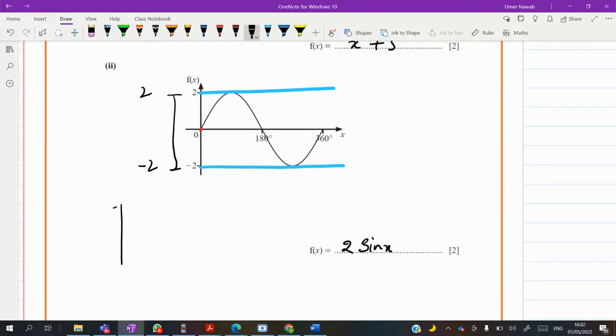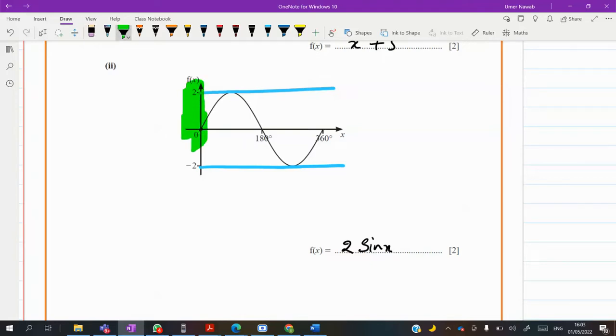If the graph was between minus 1 and 1, then you just write sine of x. But since it is between minus 2 and 2, you multiply the sine graph with 2. This type of concept is normally asked by the examiner in A-level exams. He is stretching the sine graph from minus 2 to 2.